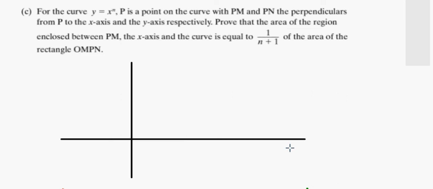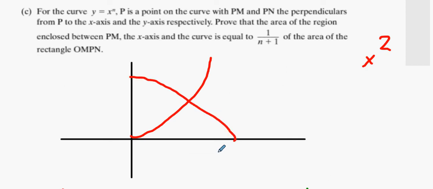No. N can be pretty much any value it wants to be, can't it? So what did we already do earlier? We did x squared, which is a curve like that, and x to the power of a half, which is a curve like that. So the bottom line is, I don't know where it crosses the y-axis, do I?